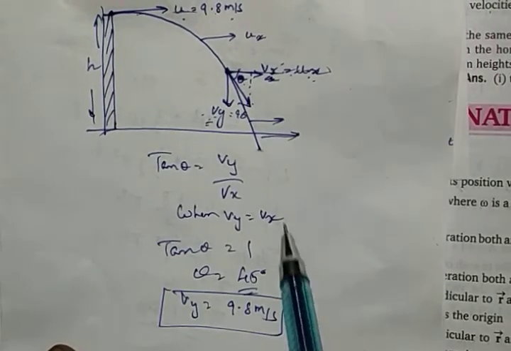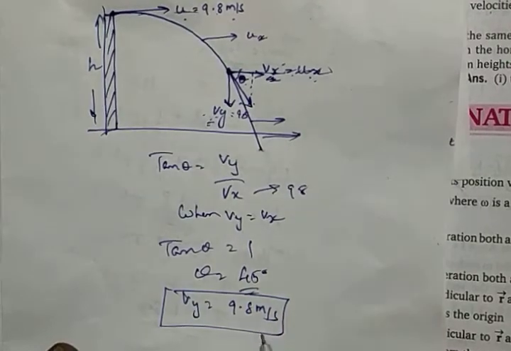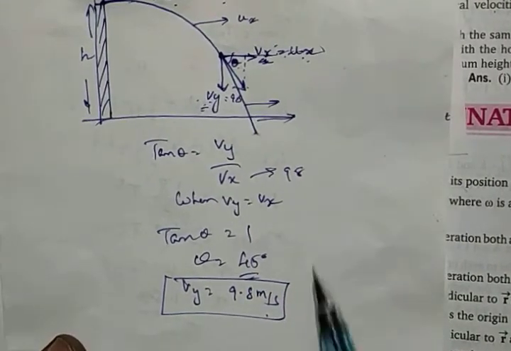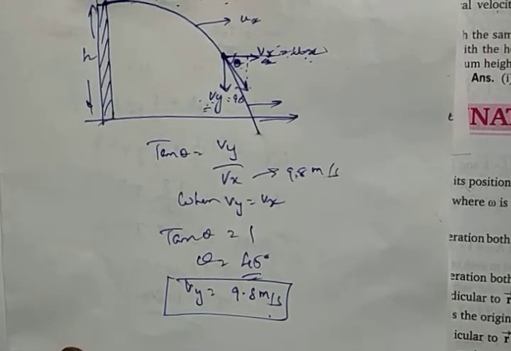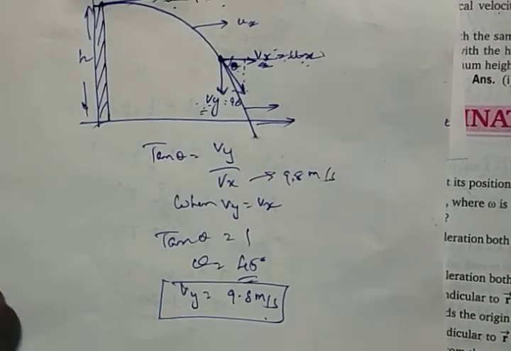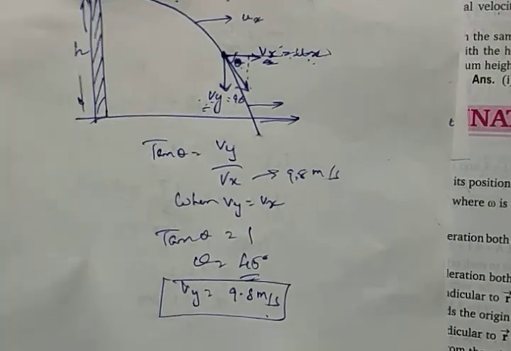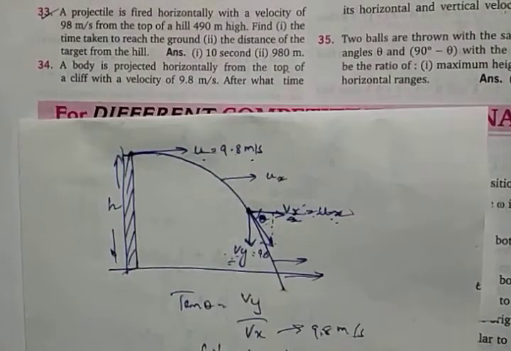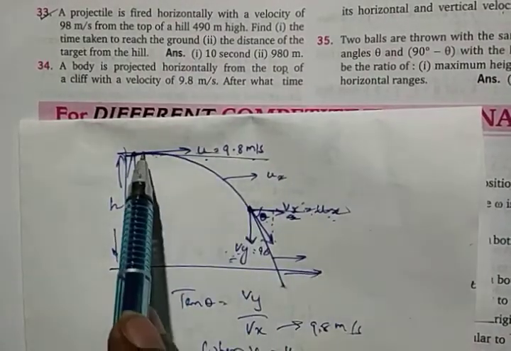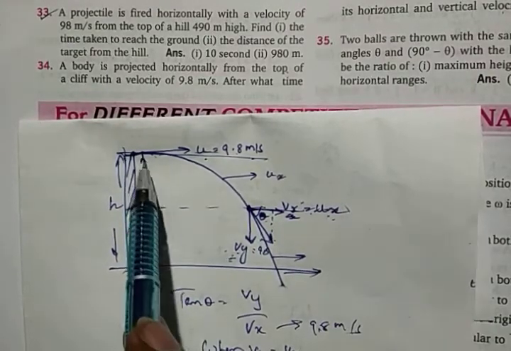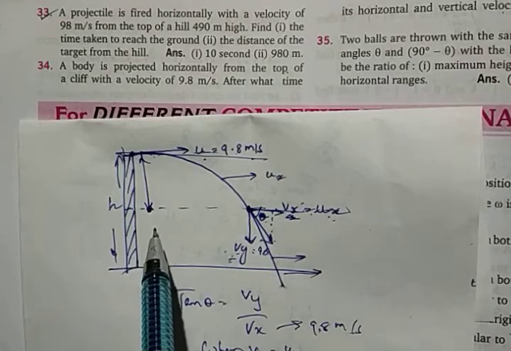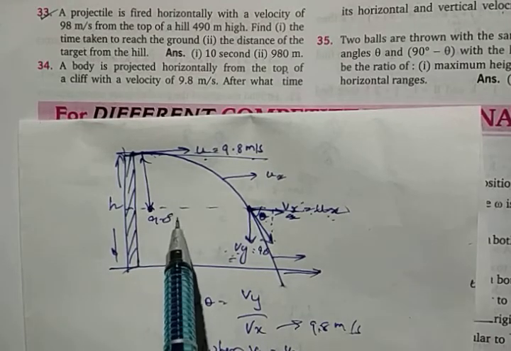It's not only Vx that is 9.8, Vy also is 9.8. Right? So if Vy is 9.8, what is the time taken? From the top, the body drops down to this position, and how much time will it take? At this point, Vy is 9.8 meter per second.